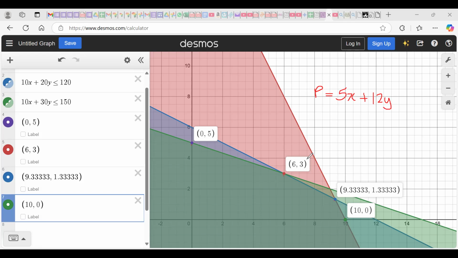So for you to maximize your profit, you'd have to produce 6 type A circuits and 3 type B circuits. Right? Anybody with me still, or everybody gone? So I think I understand that one.